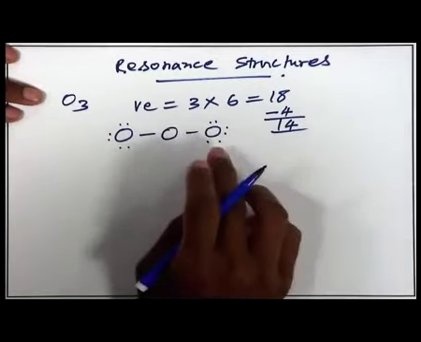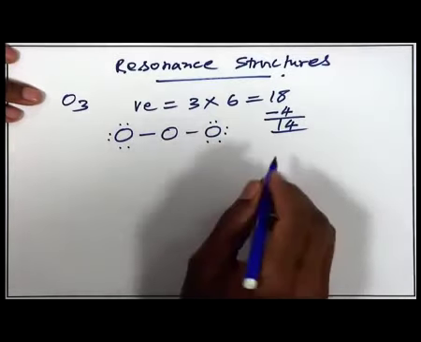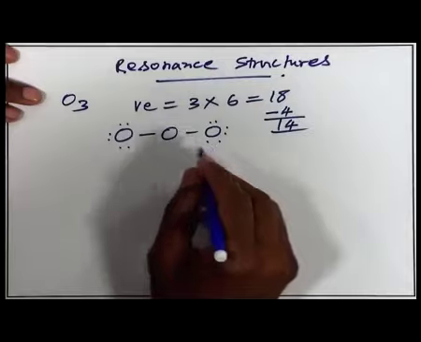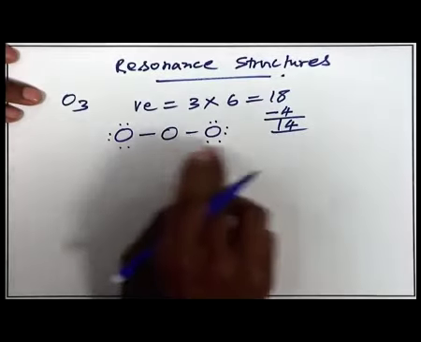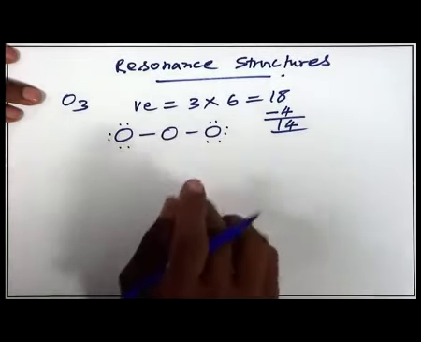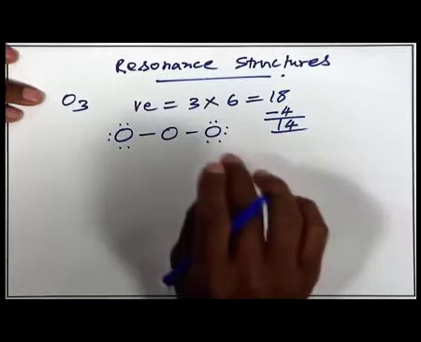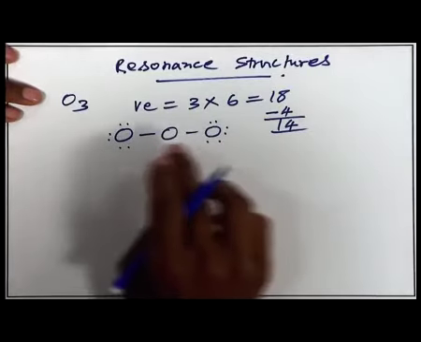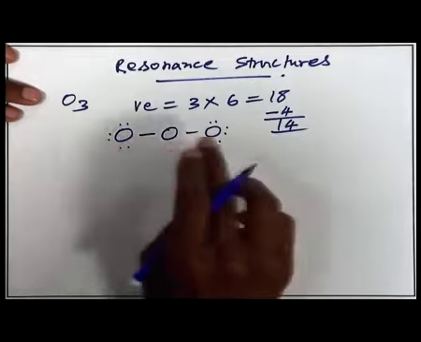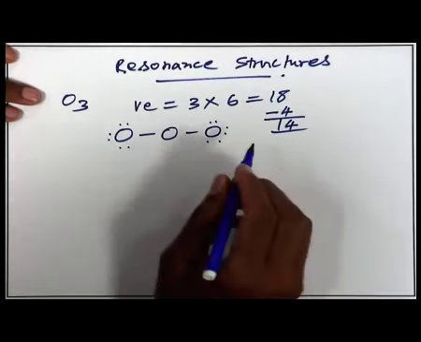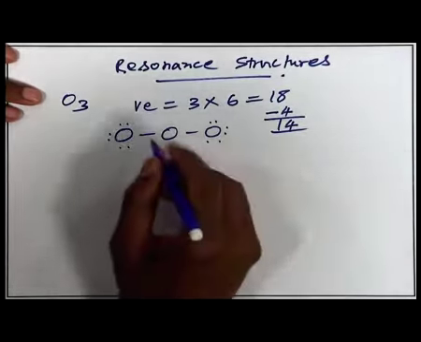So far we consumed 12 electrons. The remaining 2 electrons can be given to the central atom, because the terminal atoms have already attained 8 electrons.